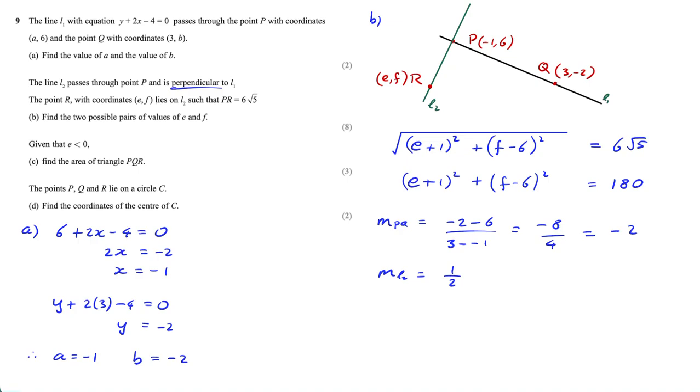So if I do y2 minus y1, okay, I can do F minus 6, y2 minus y1, over E plus 1 is equal to 1 over 2. And then let's cross multiply. I can do 2 times F minus 6 equals E plus 1. Okay, now the fact that this equation, guys, has an E plus 1 in it, let's just leave that E plus 1 like that.